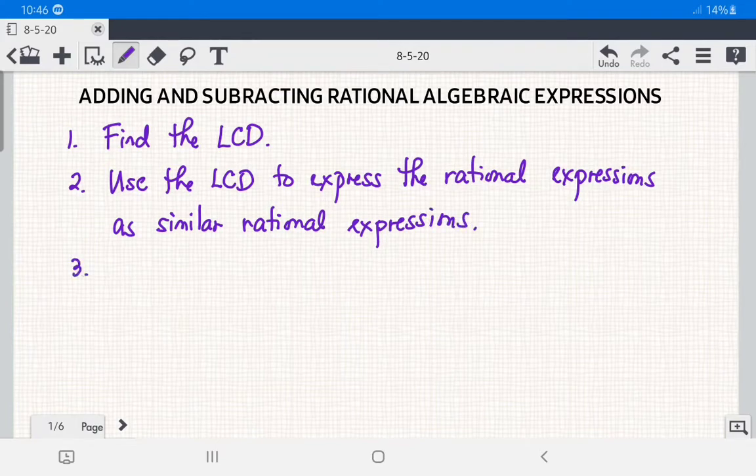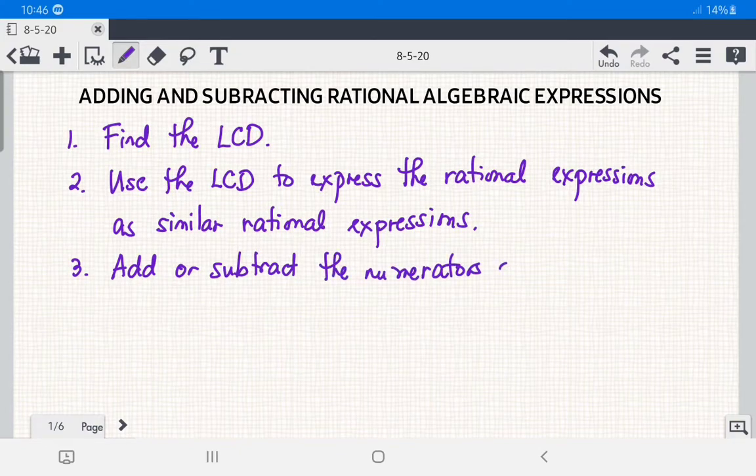Then number 3, we're going to add or subtract the numerators of the similar rational expressions.